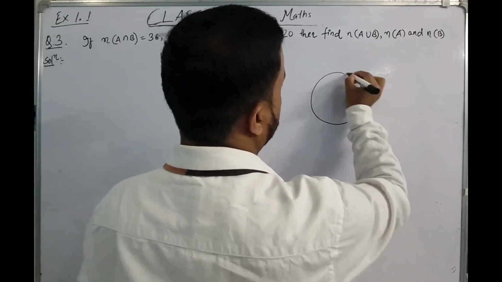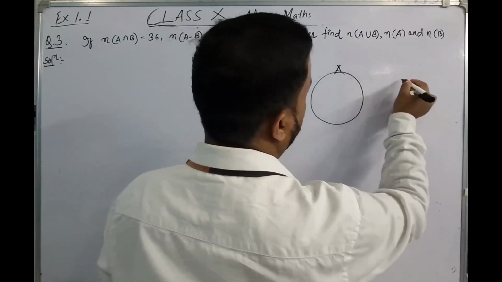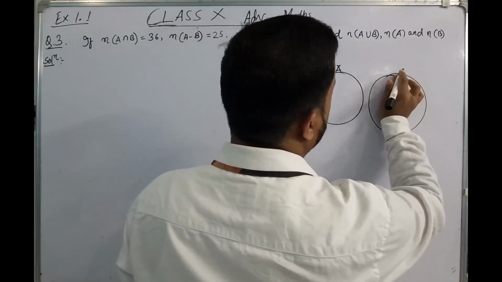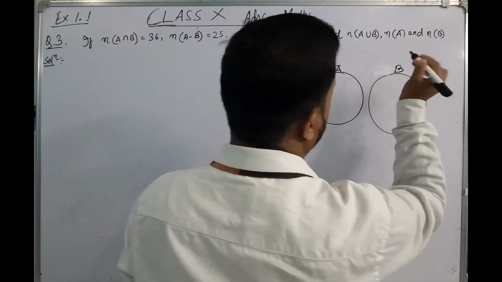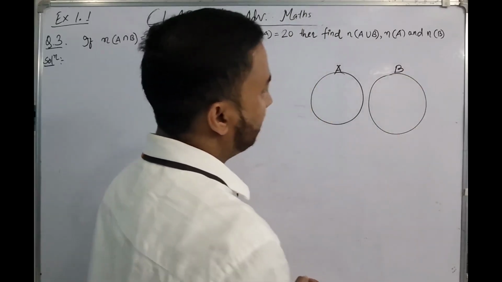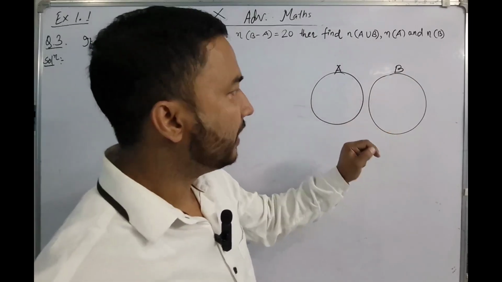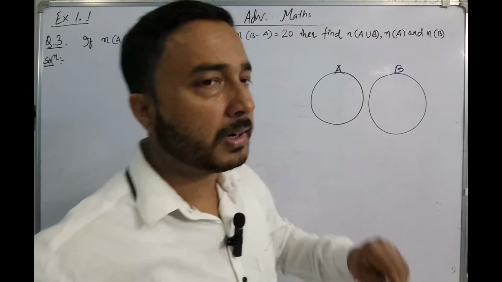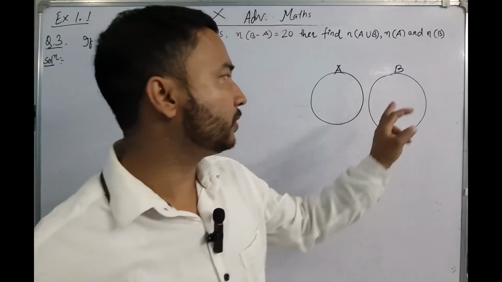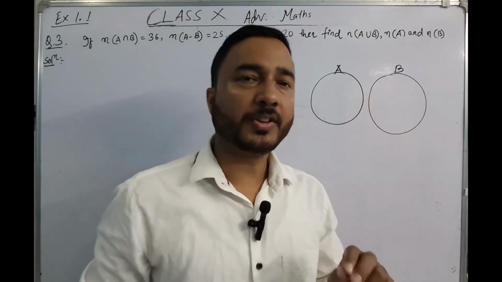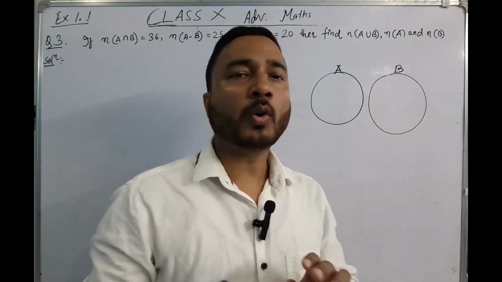This is the set A, and this is the set B. Now just by looking at these two diagrams, since A and B are not overlapping each other, the two sets are disjoint sets. Disjoint sets means the sets have no common element.